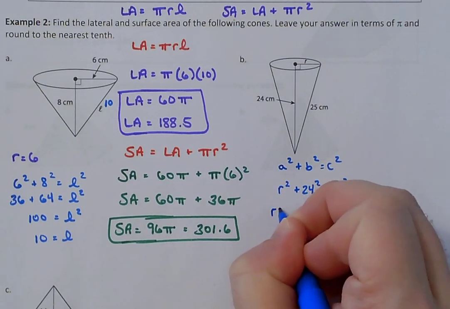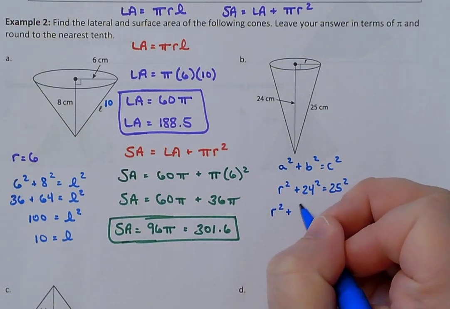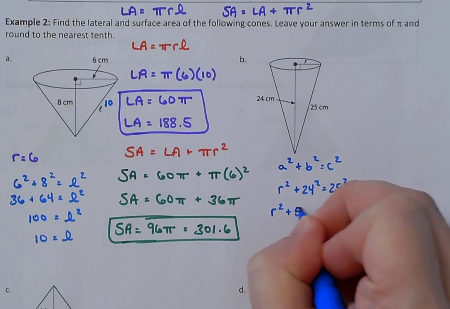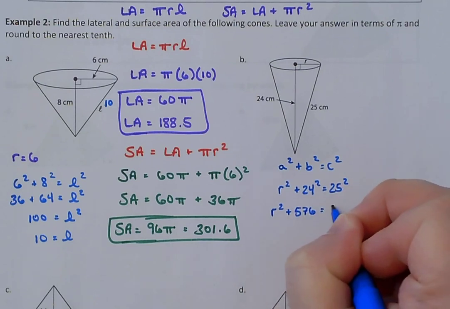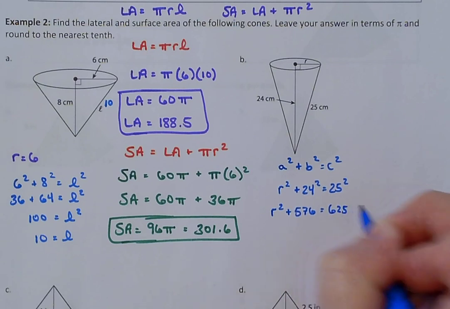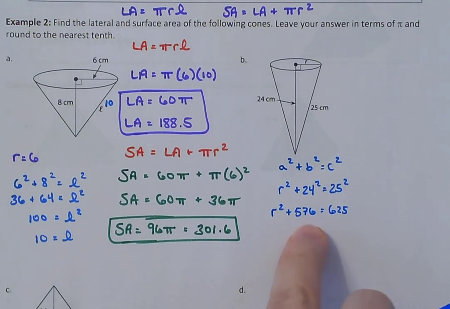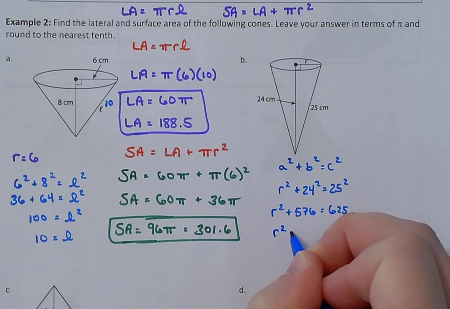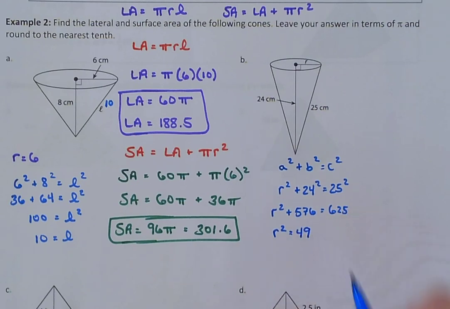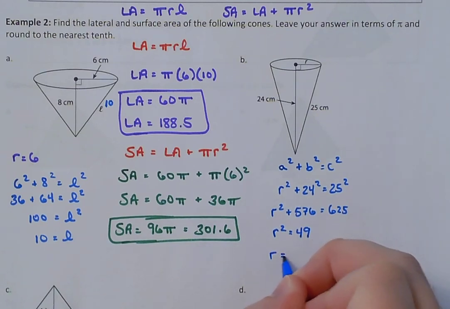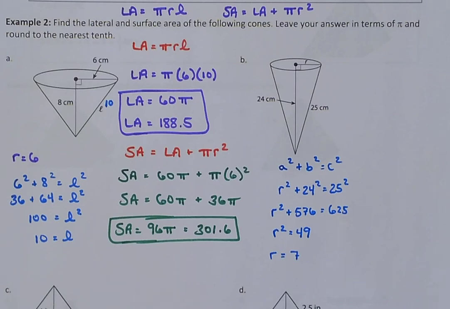If we go through and square everything, we get r squared plus 576 equals 625. You have to subtract the 576 from the 625, which is going to give us r squared equals 49. And if we take the square root of 49, we get 7. So I now know r to be 7. So my radius is 7.